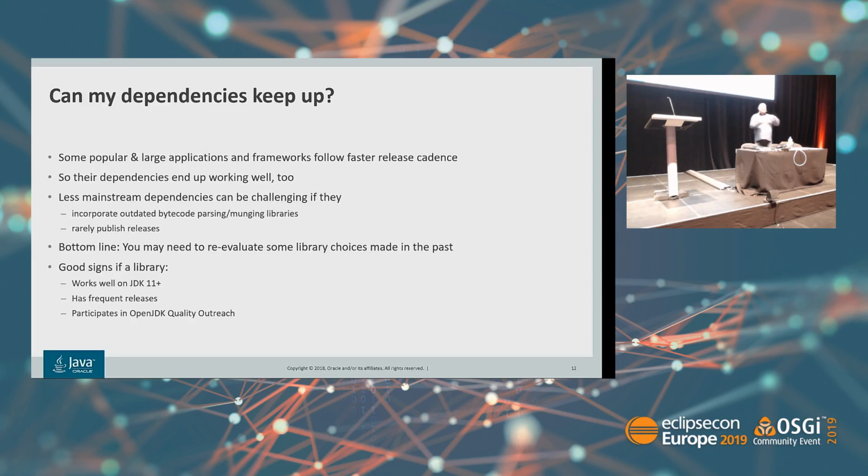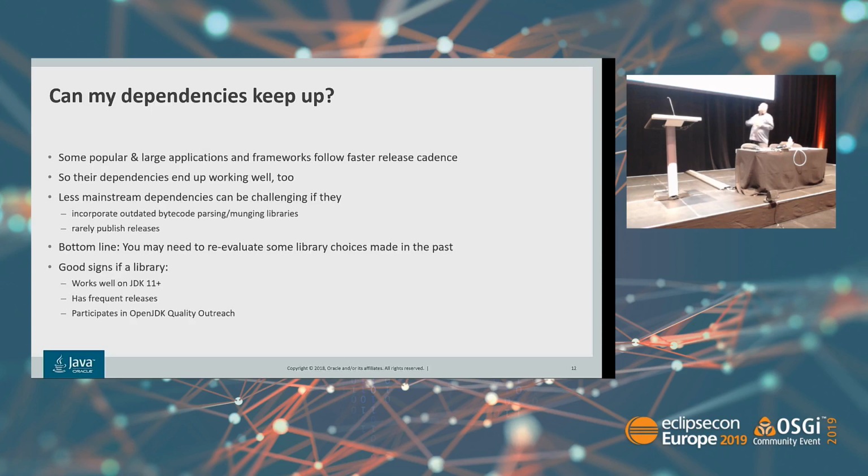If you go outside of the mainstream, though, it can be challenging, in particular if the library in question, say, tries to do some bytecode manipulation tricks or something like that, because the JDK class format changes from one JDK feature release to the next. Every 6 months, the class file version gets updated.